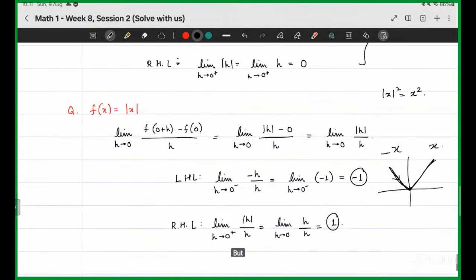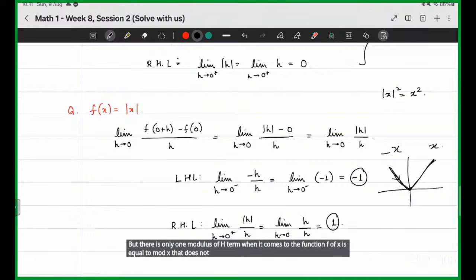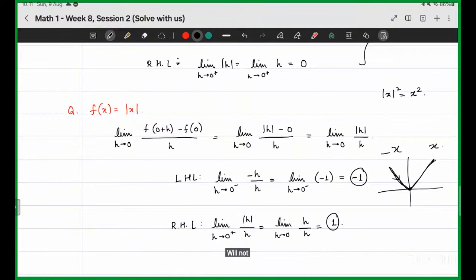But there is only one modulus of h term when it comes to the function f of x equal to mod x. That gets cancelled, and depending on which side of 0 you are, it will give you -1 or +1. So that limit will not match.